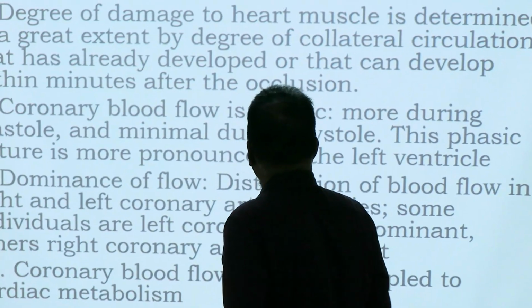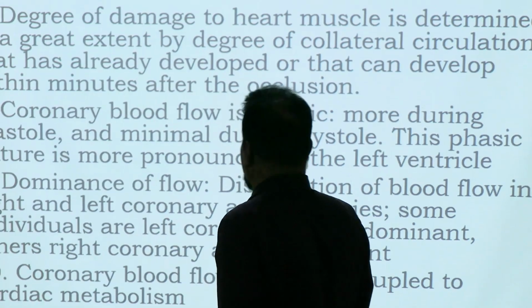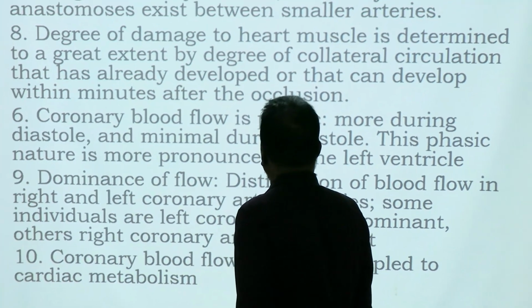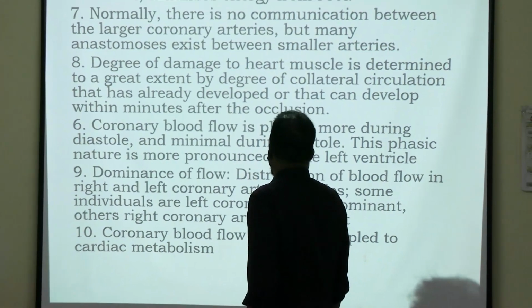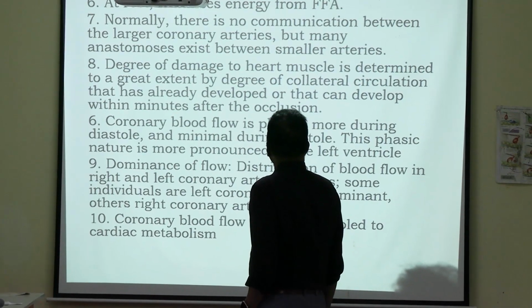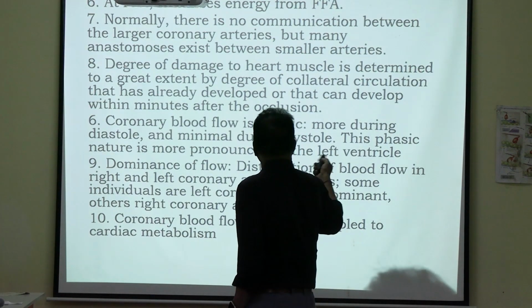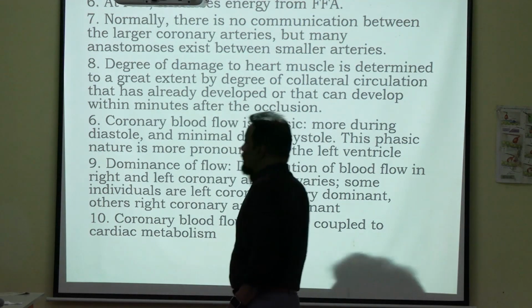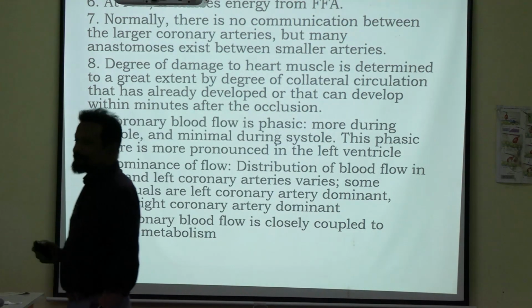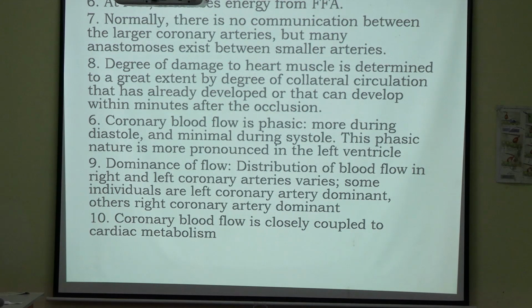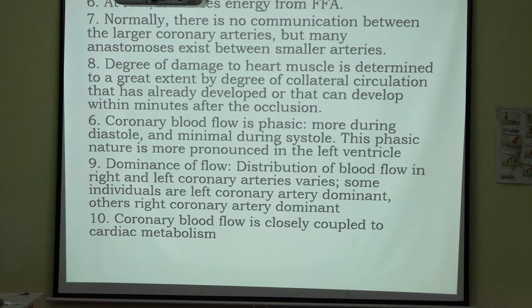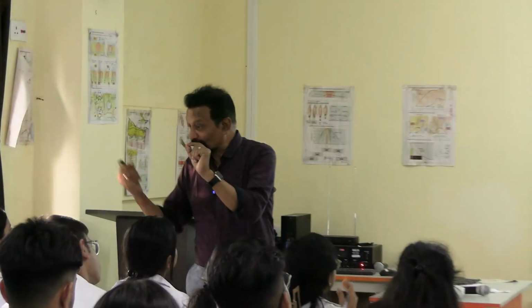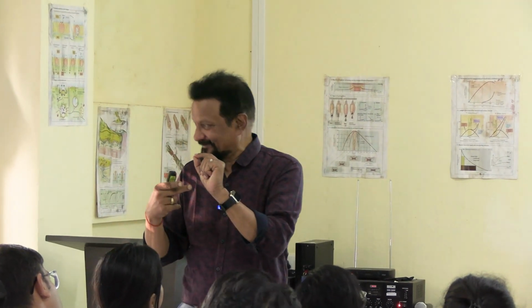Degree of damage to the heart muscle is determined to a great extent by the degree of collateral circulation that is already developed, or that can develop within minutes after the occlusion. Means what? What is the meaning of this? How much the heart muscle will be damaged depends on how fast you could develop collaterals.